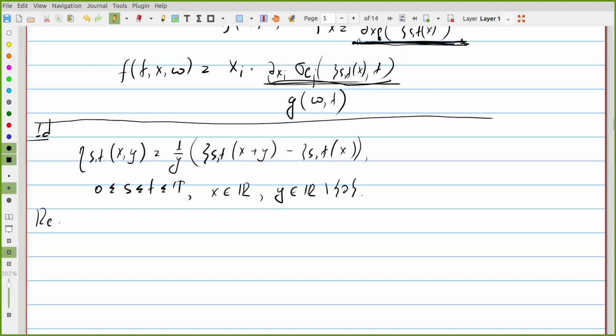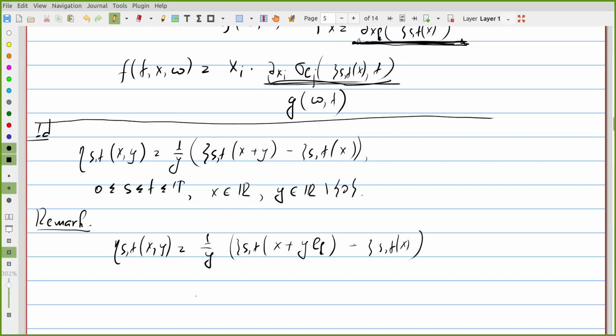Now, remark. If you want to discuss the multidimensional setting, then you would consider still y on the real line excluding 0, but here you would put something like y e_k, where e_k is the k-th element of the standard basis in R^d.